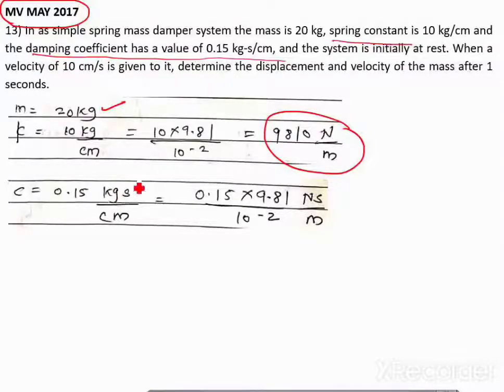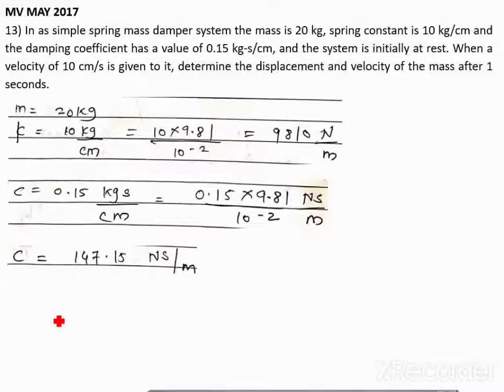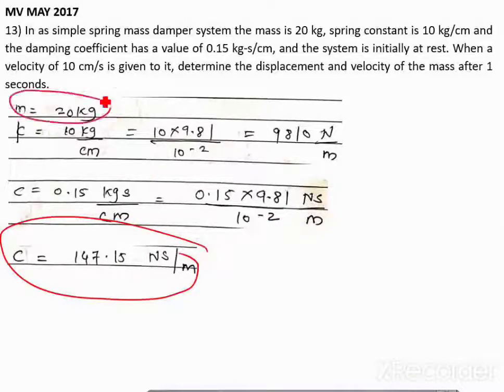So multiply by 9.81 divided by 10 to the power minus 2. So you will get answer in SI units, Newton seconds per meter. So this is the first step what you have to understand here. Now from this after calculation I will get C is equal to 147.50. So now I have all the values. I have m, I have K in Newton per meter, and I have C, 147.50 Newton seconds per meter. Okay.